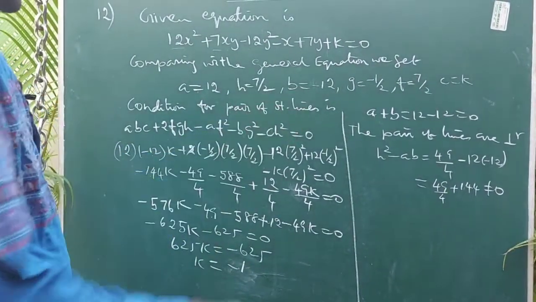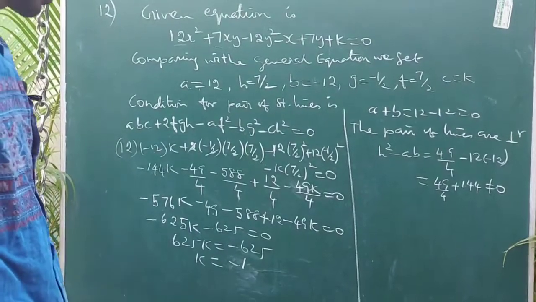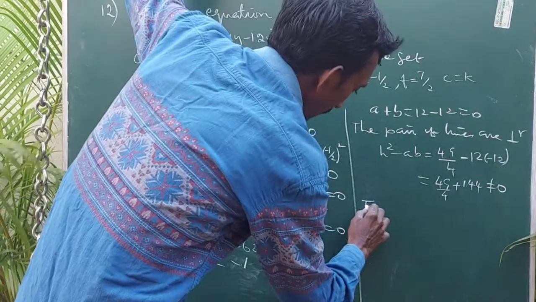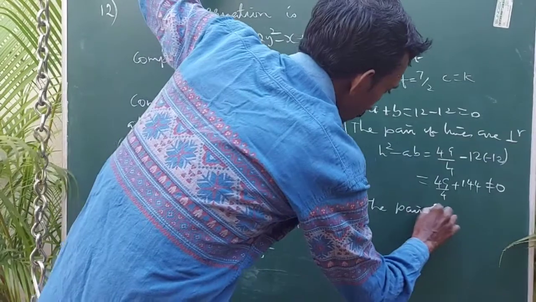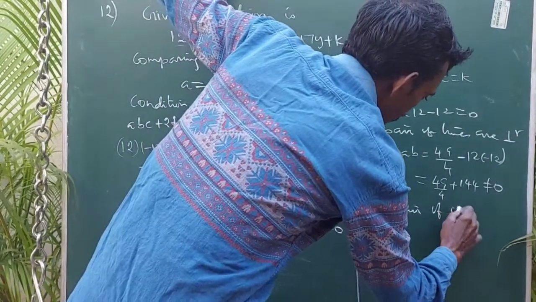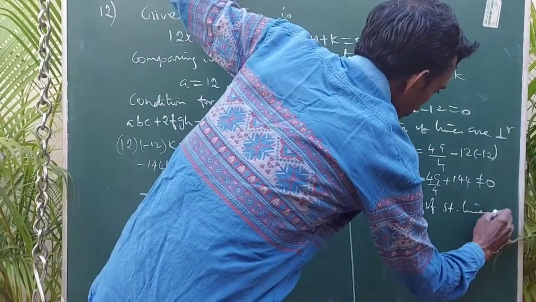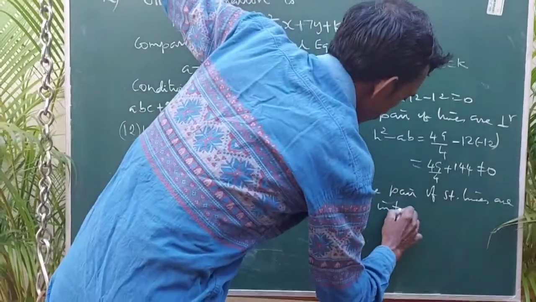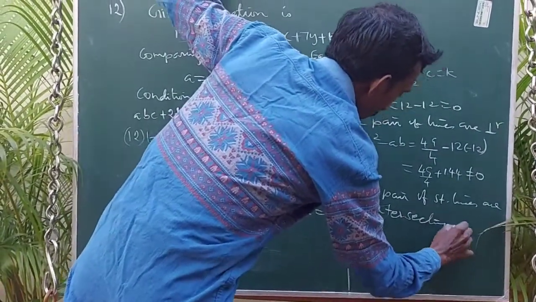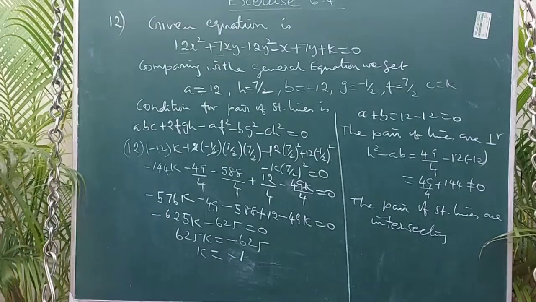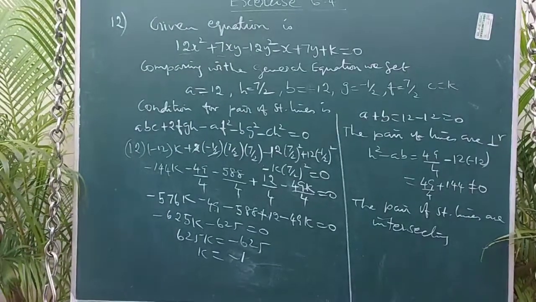That's why we can say the pair of straight lines are intersecting lines. Perpendicular, and in the meantime h² − ab not equal to 0, therefore they are intersecting lines.